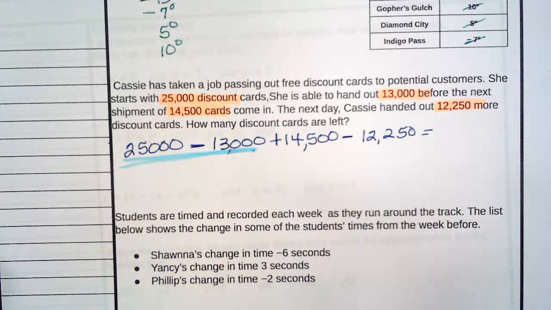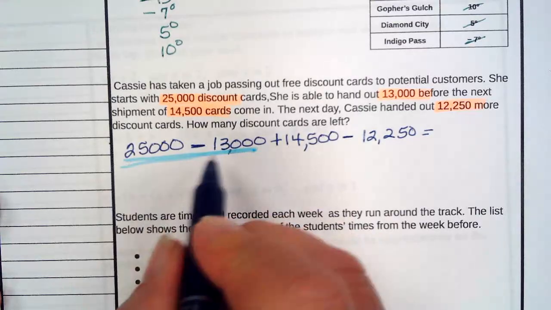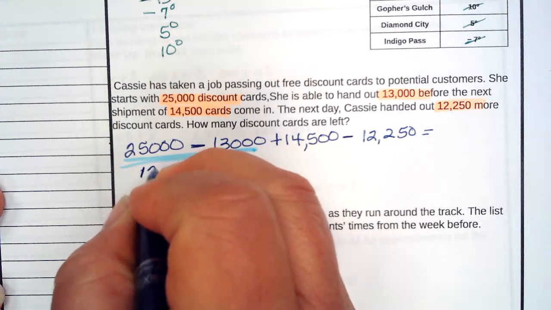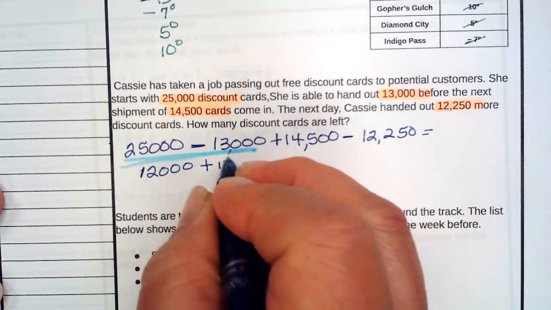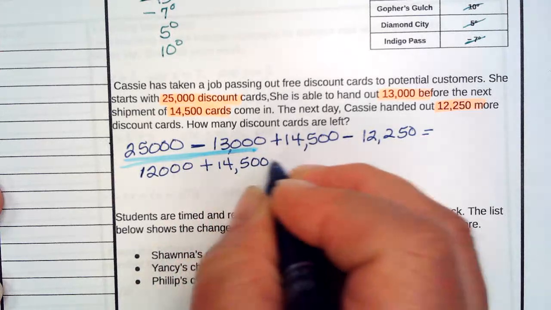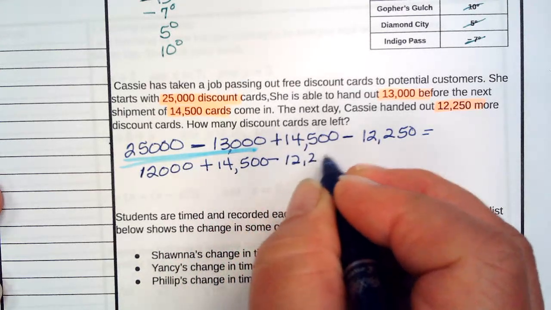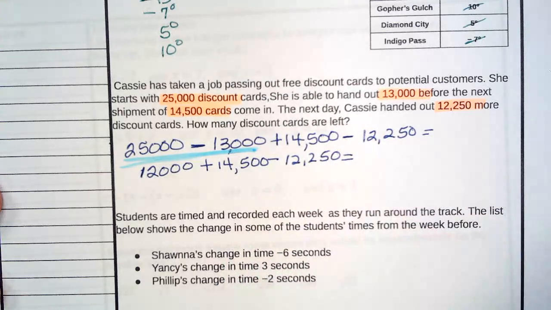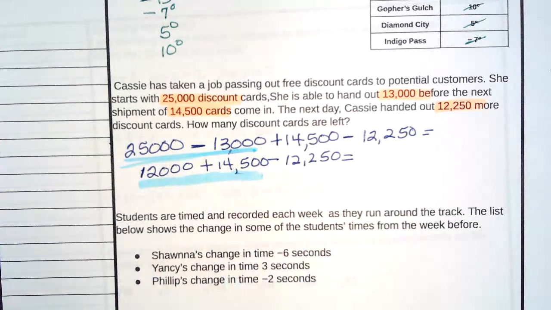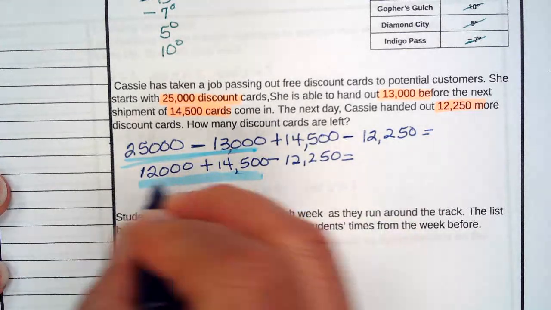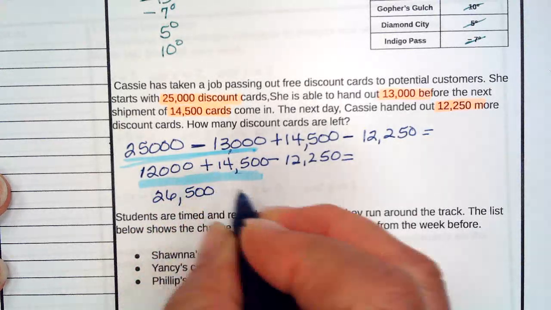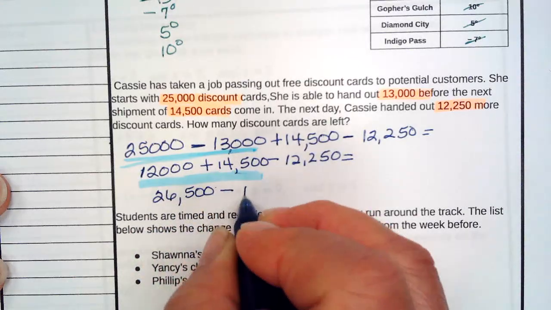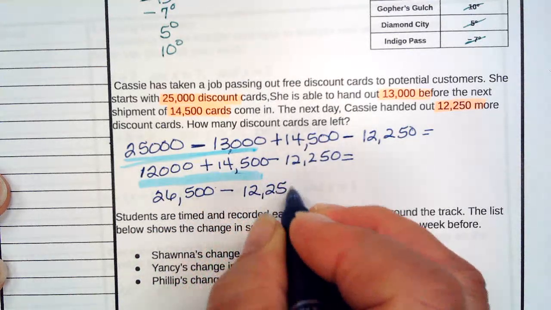Okay, 25,000 minus 13,000. 25 minus 13 gives me 12, so this will be 12,000. Next comes addition. 12,000 plus 14,500, 12 plus 14 would be 26,500, minus 12,250.